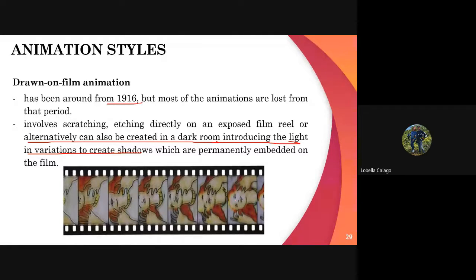So, isa-isang frame, gumagawa ng steps sa film. So, kung example, no, is itong isang frame, yung papunta na sa mukha, then yung isa-isahin niya hanggang sa nandun na siya, ganyan. So, it is drawn in film animations. It involves pictures on a film. Yun po yung ibig sabihin ni drawn on film animation.